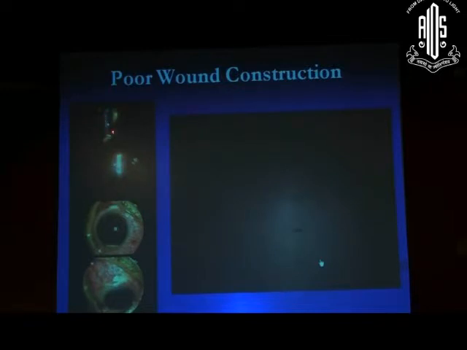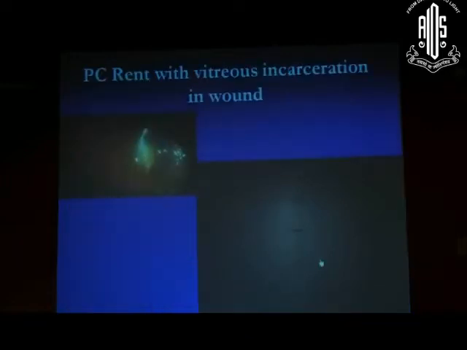Then here, endophthalmitis, and what we can see is that the wound is not stable. You have a little iris prolapse here. So the most important thing in preventing endophthalmitis is to make sure that your wound is stable, nothing can go in and out. We don't want organisms entering and causing the endophthalmitis.